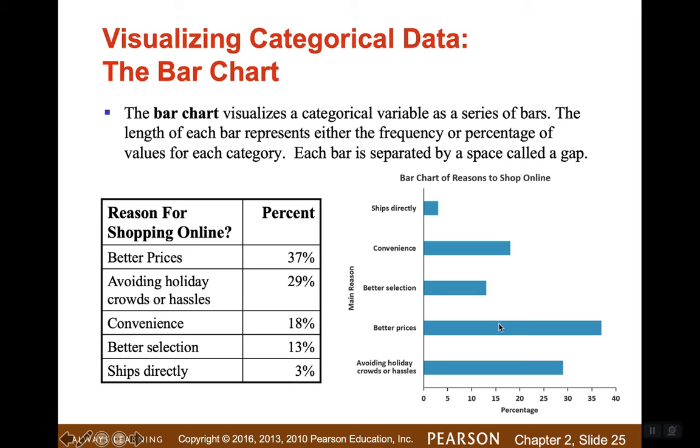It's better prices. Ships directly is not as impactful. And then, the question of better prices versus avoiding crowds. Avoiding crowds is number 2. We can see it here, but if we sort that, we can really visualize it here.